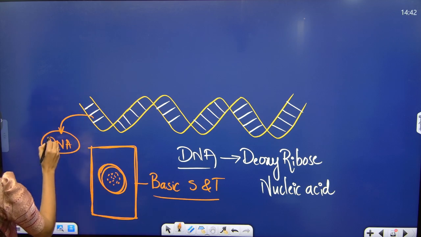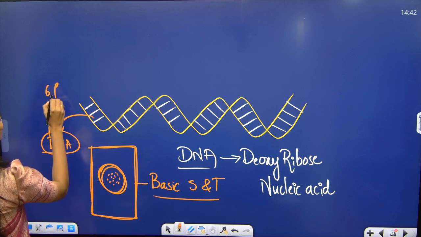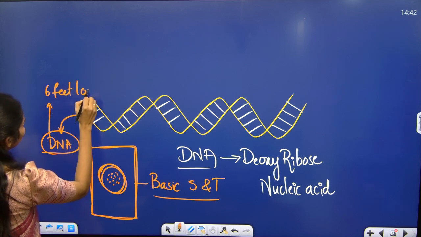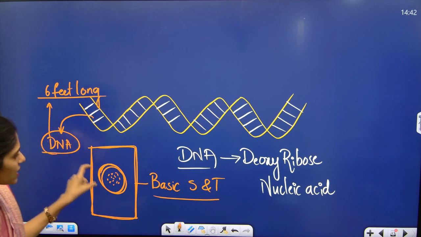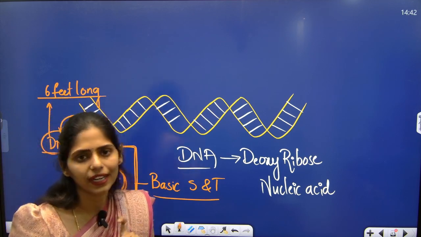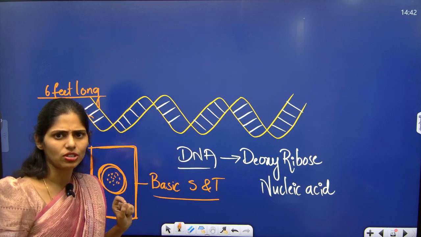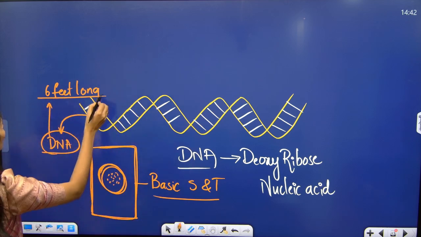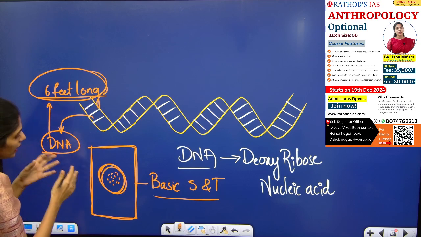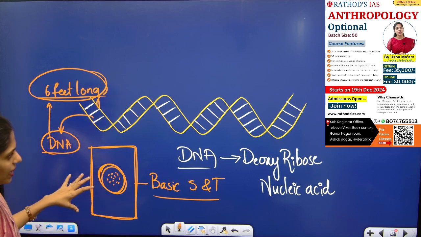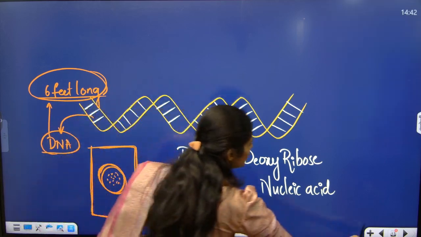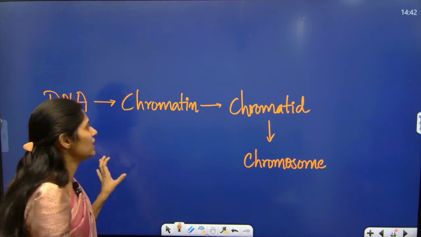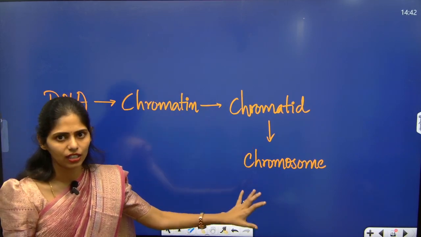So in a single cell, DNA is 6 feet long, but the cell is at a microscopic level, that means it is very small in structure. So how is this 6 feet long DNA present in this? That means we will be seeing the different forms of DNA. Based on this, you can see the terminology: chromatin, chromatid and chromosome.